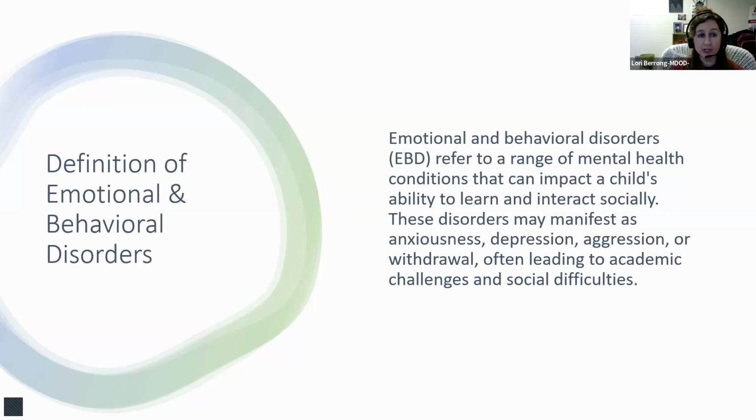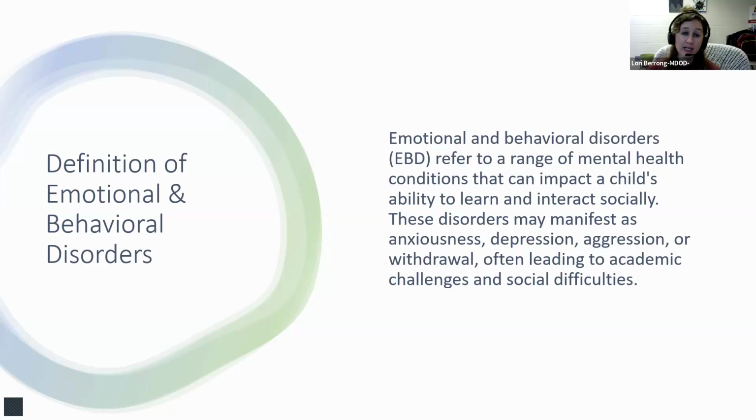So the definition of emotional behavioral disorders, I'm going to refer to them as EBD. So you'll hear me say that throughout today's session. But emotional behavioral disorders refer to a range of mental health conditions, and it can impact a child's ability to learn and interact socially. And again, I'm saying child here, but it really is anybody.